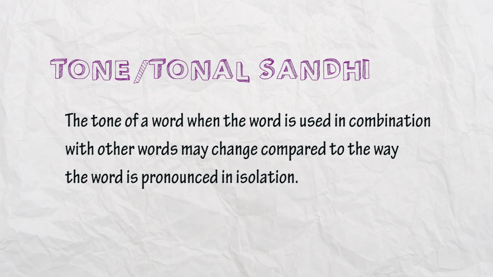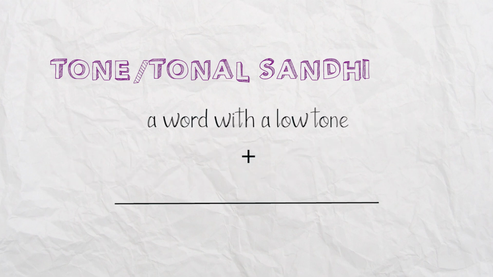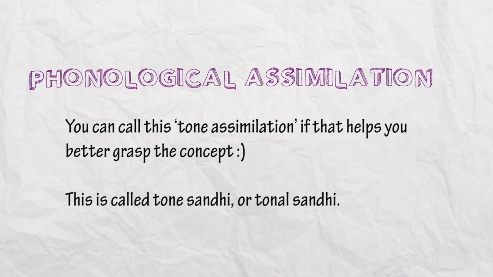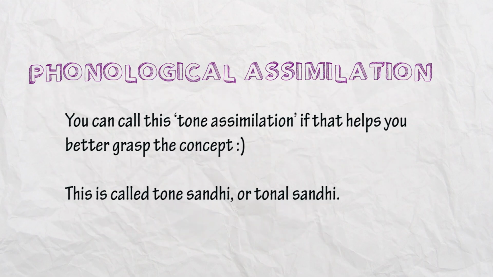For example, a word with a low tone when combined with a word with a high tone may change its tone from low to high. This is interesting phonologically because I have multiple videos in which I have discussed assimilation, and this is one way in which assimilation could take place, because this is something that you could call tone assimilation, or the technical term is tone sandhi, of course.